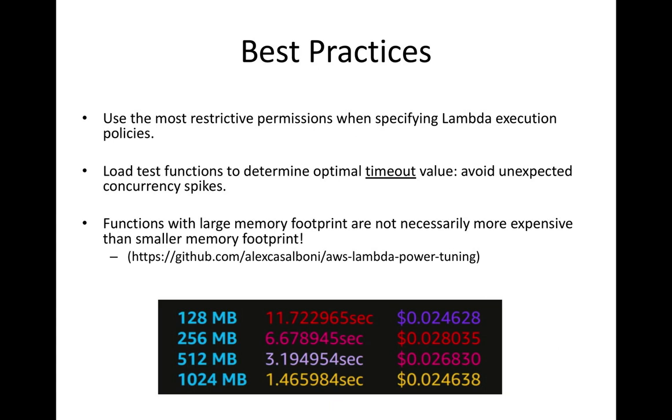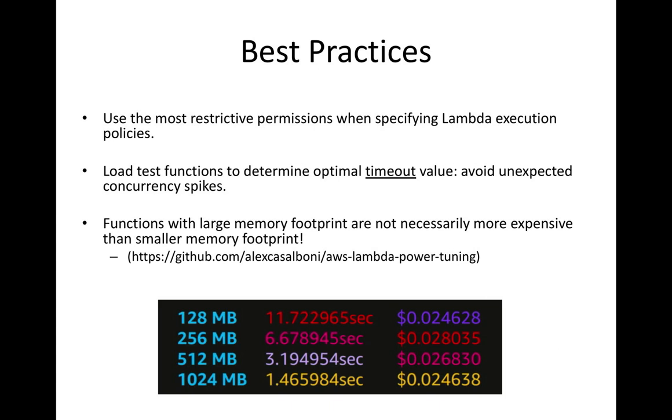One is the timeout value for the function. And remember, you can specify that a function should time out after 15 seconds or 10 minutes or whatever the case may be. You don't want that timeout value to be too short because you don't want AWS to terminate the invocation of your function too quickly, especially if the function isn't done processing. But you also don't want the function to run too long either.